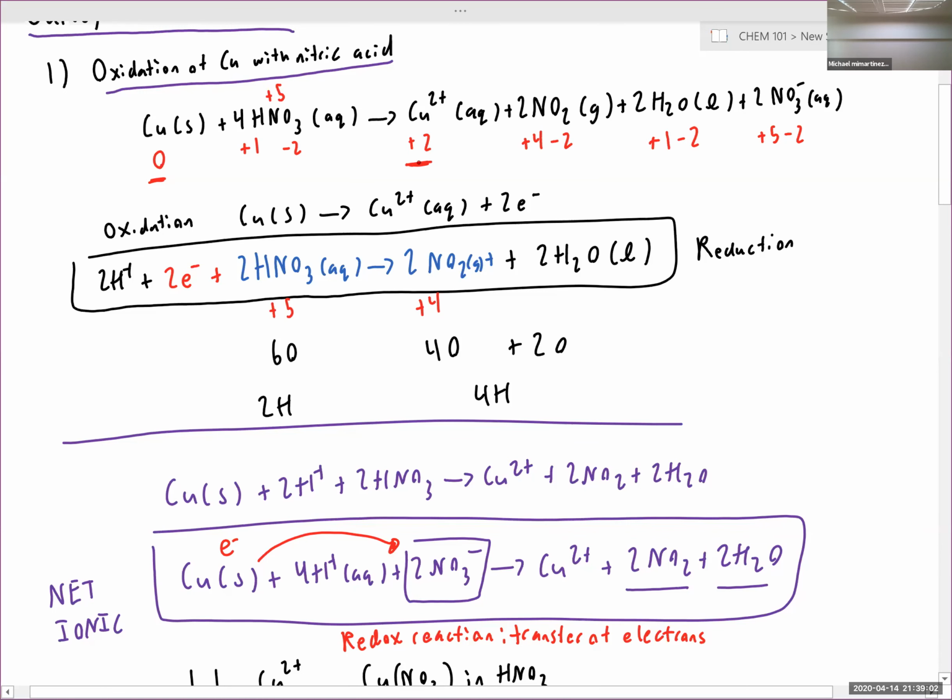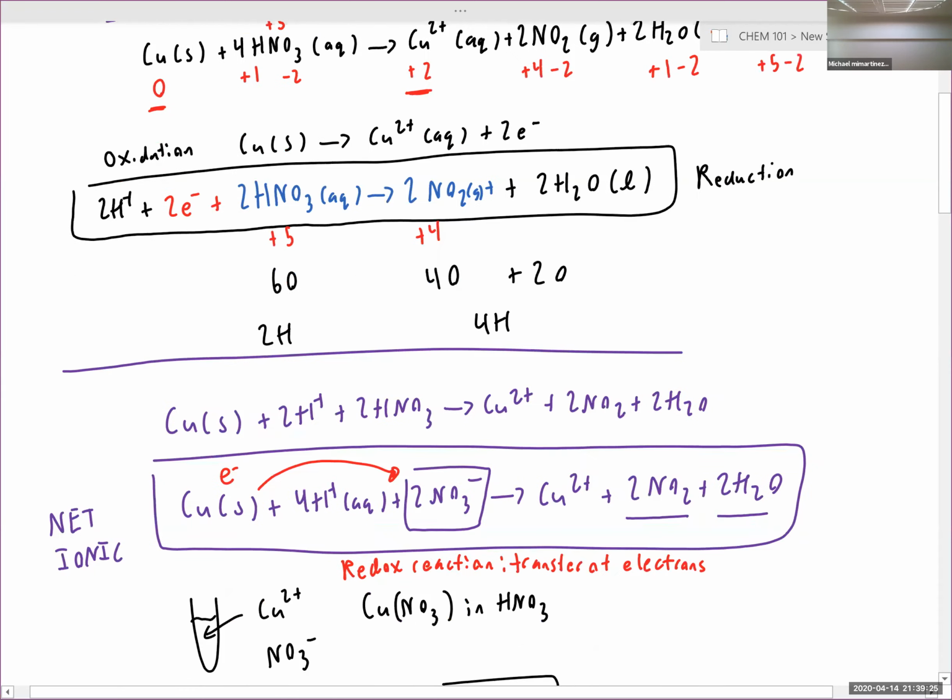Yes. We went from copper 0 to copper +2. Likewise, the nitrogen in nitric acid went from an oxidation number of +5 to +4. So our nitrate is gaining electrons.